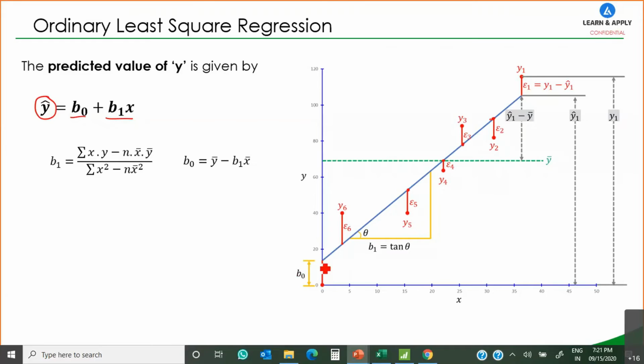B0 is the y-intercept at which this regression line intersects. And what is b1? B1 is nothing but the slope of this line. We can say it's tan of theta. So if we know b0 and tan theta, or b1, then we know the exact position of this best fit line, right? Now at any point, if you know the value of x, we will be able to calculate the value of y, and that is nothing but the regression.